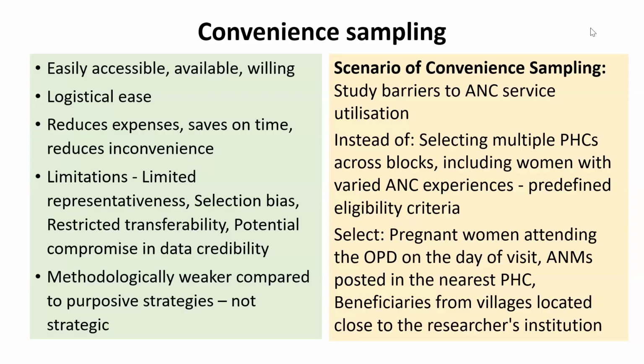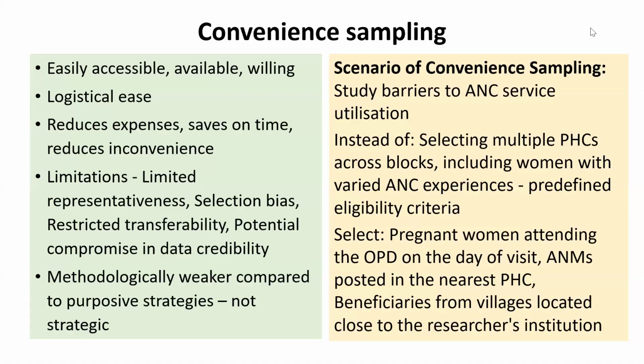That is, your sample does not represent the population of interest. There is selection bias. You cannot transfer your results to the population, and there is a question mark on the data credibility too. So overall, convenience sampling is a very weak sampling method because it does not have any underlying strategy or reason for choosing particular units in your sample.